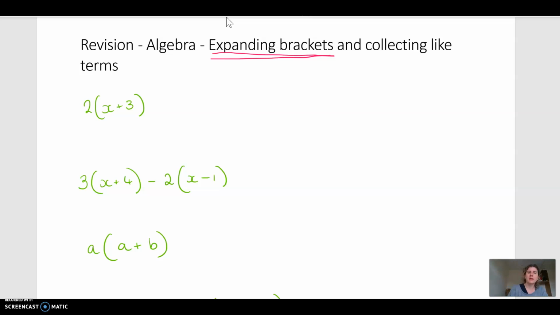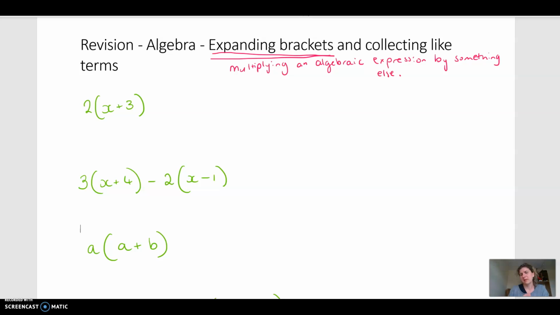So expanding brackets, again, is really important. It's just a skill that you have to get right, and it just involves a bit of practice. Now, what we're really talking about when we're expanding brackets is we are multiplying an algebraic expression by something else.